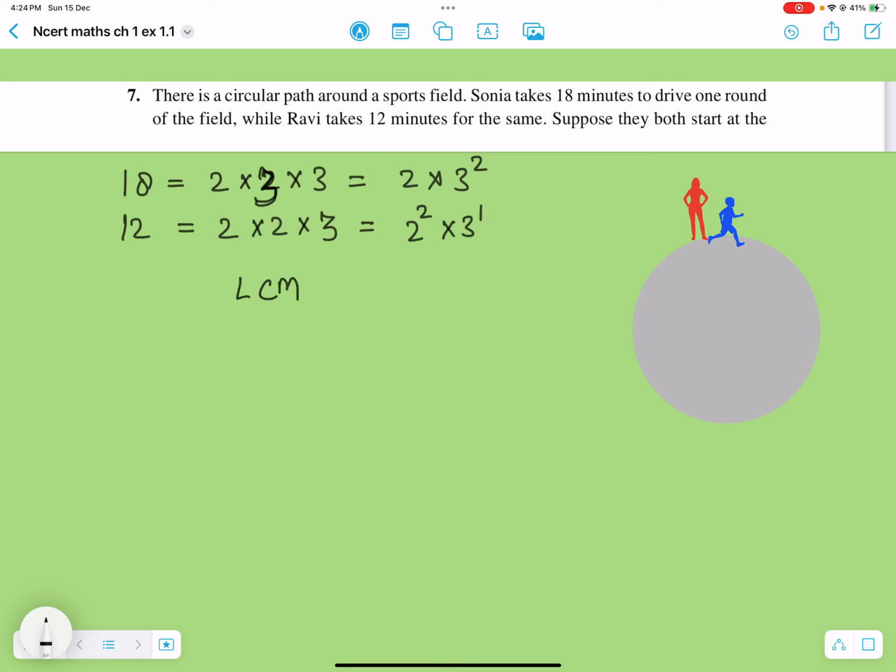And now you guys know, can someone tell me how you calculate the LCM of these two numbers?